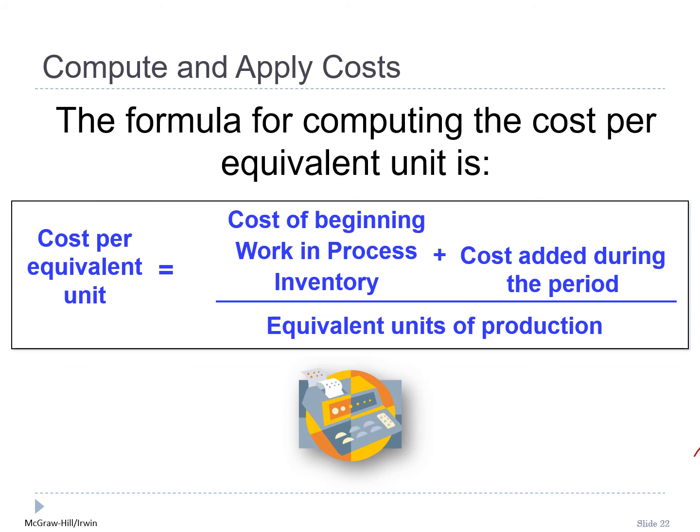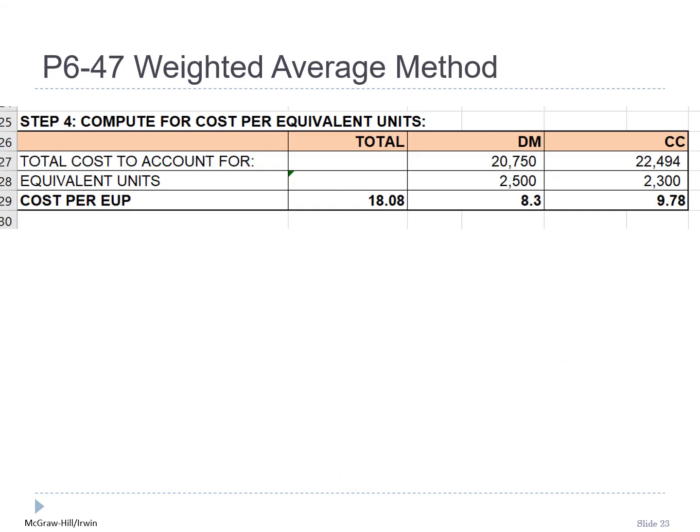Meaning, yung cost per EUP is total cost divided by the EUP. EUP of direct materials and EUP of conversion cost. Separate yung computation. Let's try. Ito yan. So, if you go back to step 3, yung hindi ko nilalagyan dito sa total.